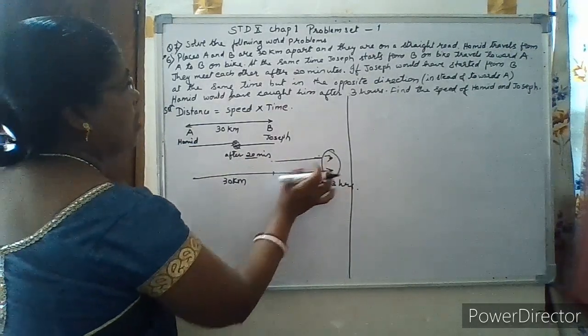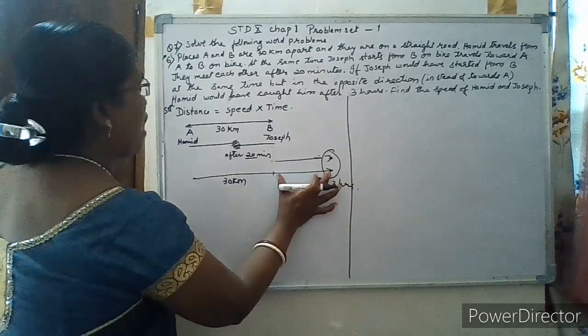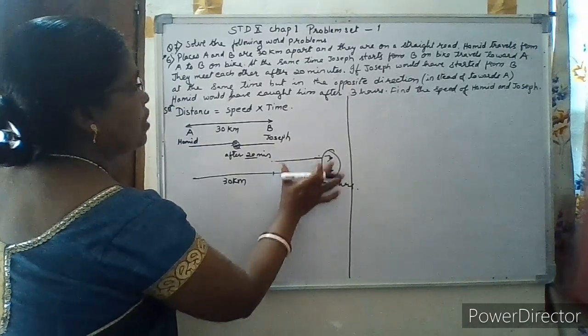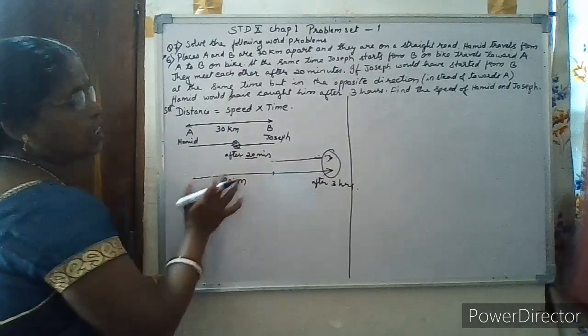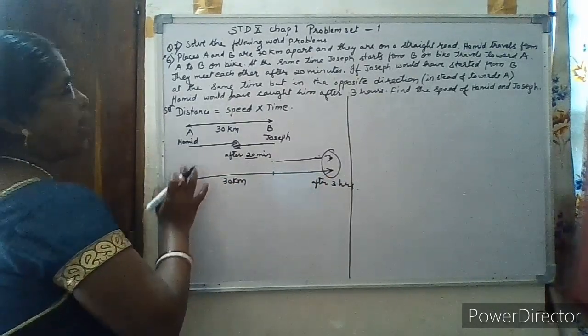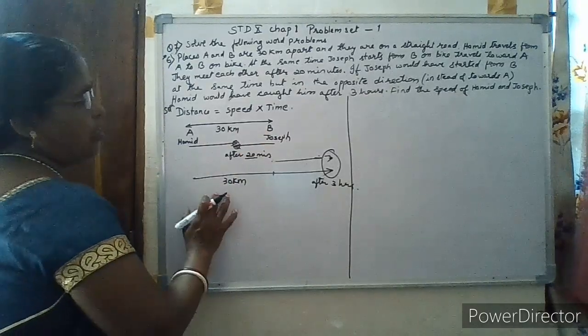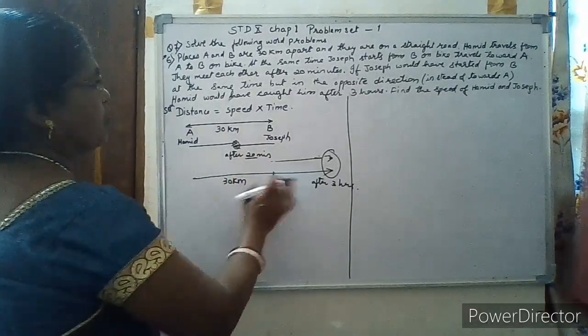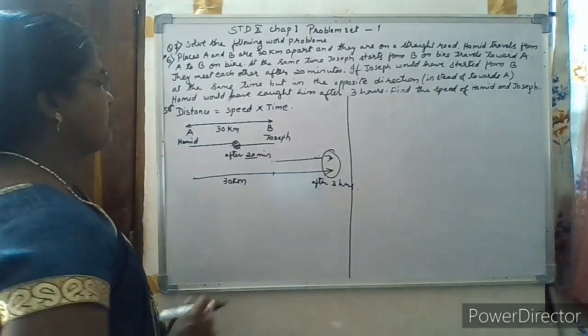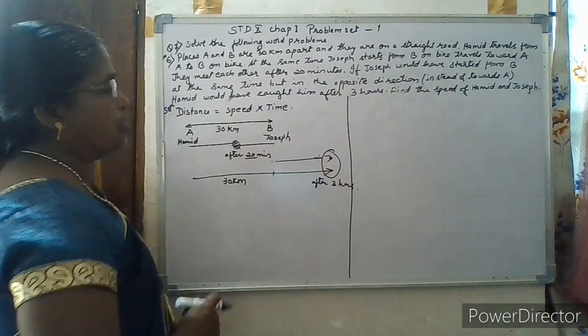And this extra distance traveled by Hamid over Joseph is the same distance. That means the difference of the distance traveled by Hamid and Joseph is equal to 30 kilometers. The difference of their distance. This is the second condition.